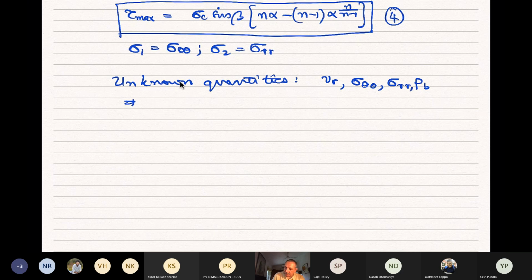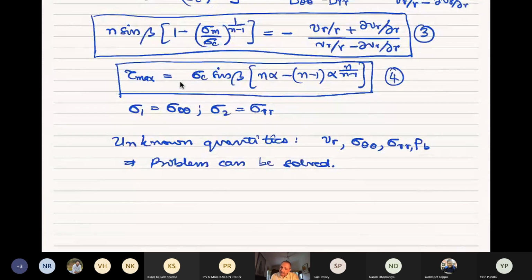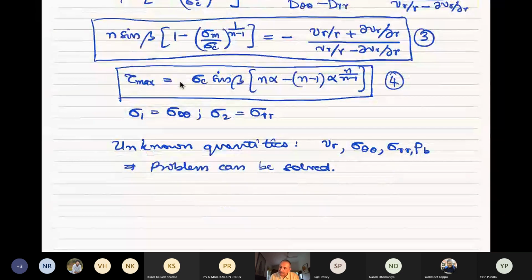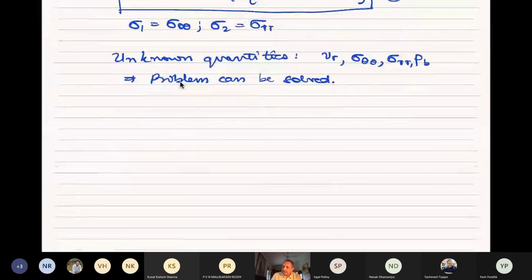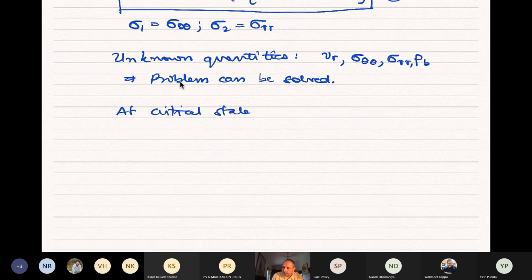So this implies that the problem can be solved. And we can get straight to the solution if it is at the critical state. We have already shown that alpha is equal to 1, or basically sigma m is equal to sigma c.